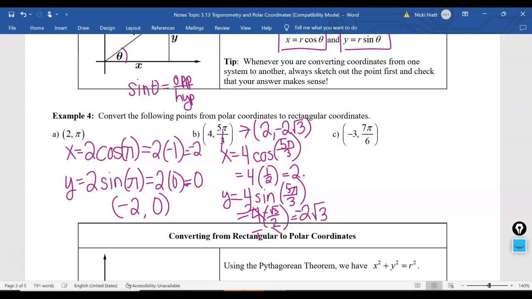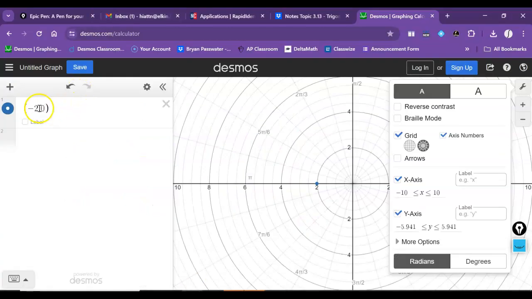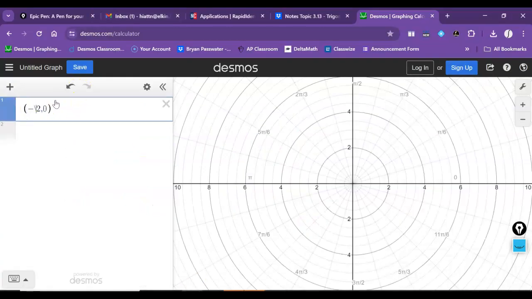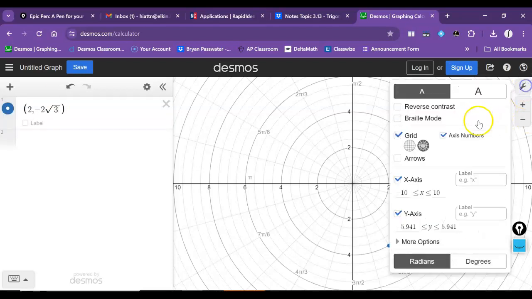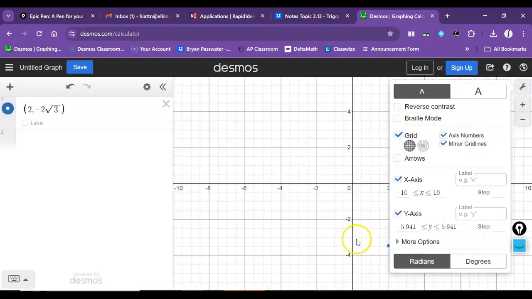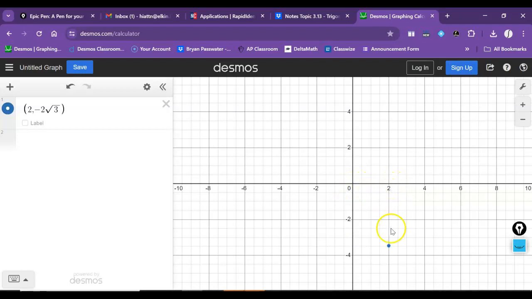If we look at that on Desmos just to check, I've got (2, -2 square root of 3). If I graph that, you can see in polar coordinates, you go to the right 2, you go down 2 square root of 3, which is about 3.5.